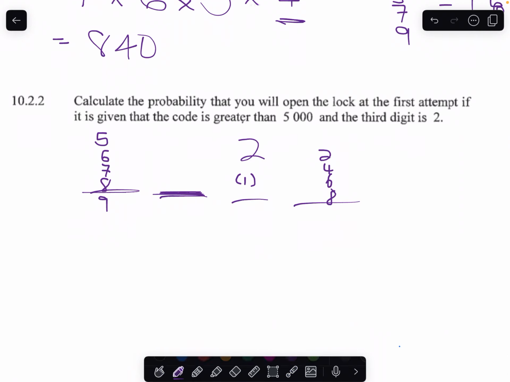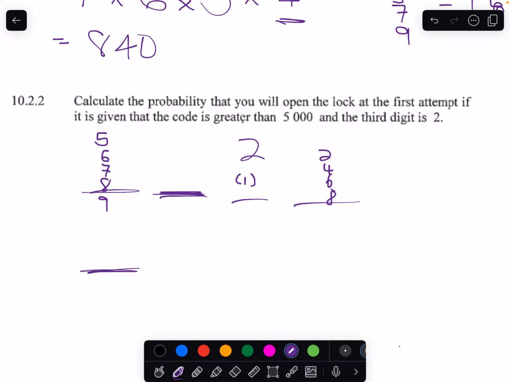We're looking at the cases where we have 6 or 8 over here, some other number. This is 2, i.e. there's one option here. And then if it starts with 6, it has to end with 8. Or if it starts with 8, it must end with 6.